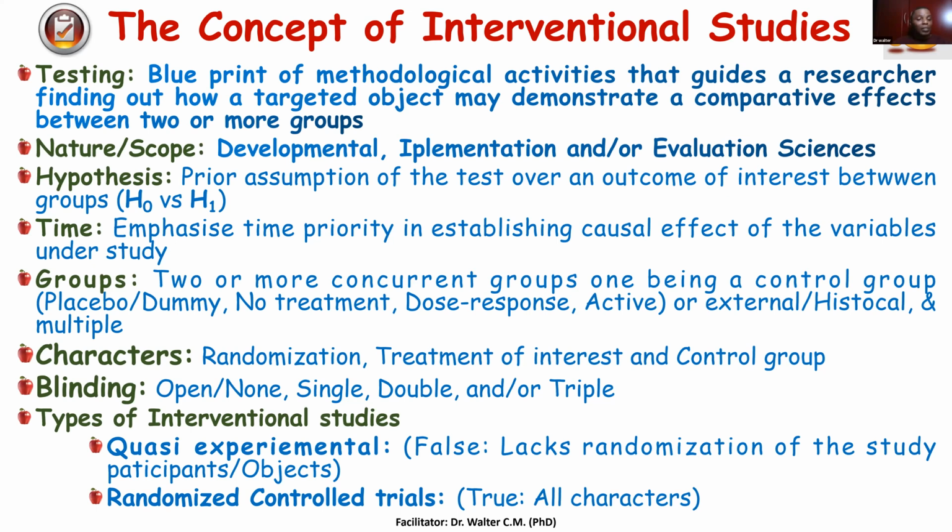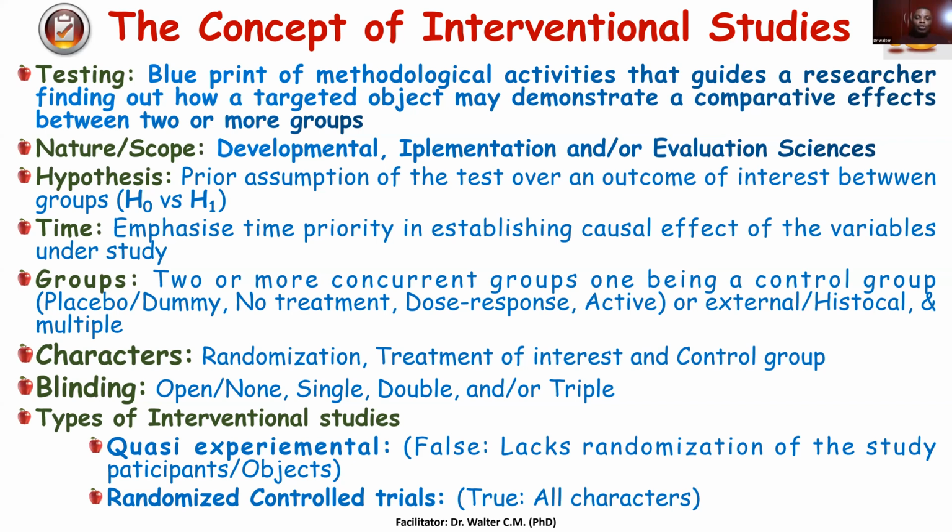And then the other concept which is very important to conceptualize when you talk of interventional studies is the characteristics. Any interventional study has three components, and there are some interventional designs that lack one. We will see that. Interventional studies need to have randomization, manipulation, and control. These three components are the ones that define interventional studies.